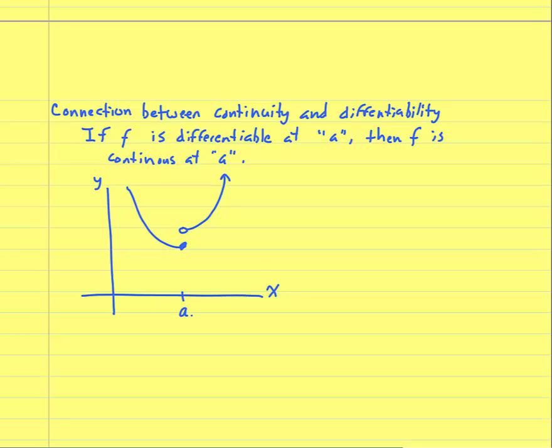And if you can see, my graph is discontinuous at x equal a, and this is because the limit as x approaches a of my function does not exist. Now the reason it doesn't exist is because the limit from the right and the limit from the left are different.